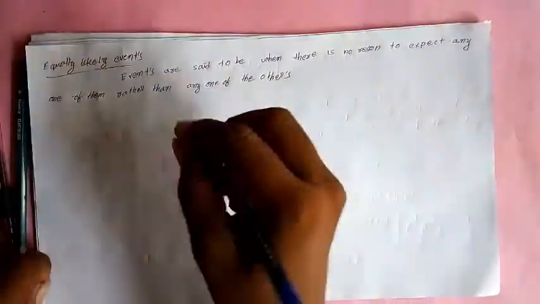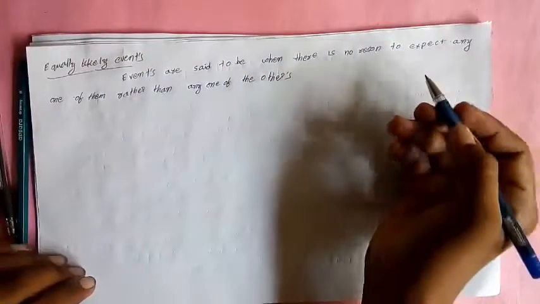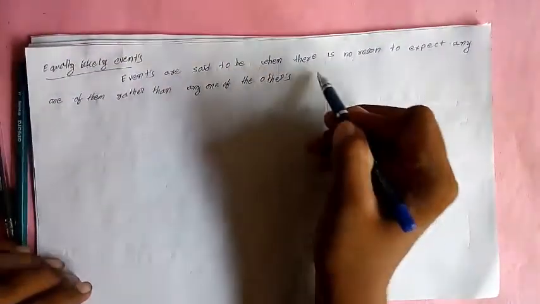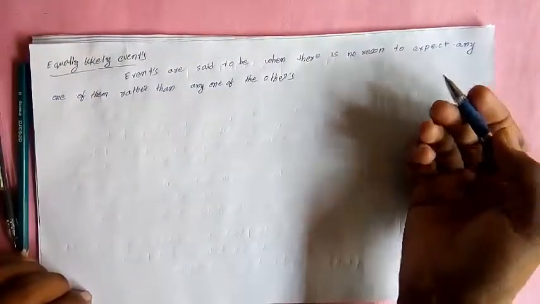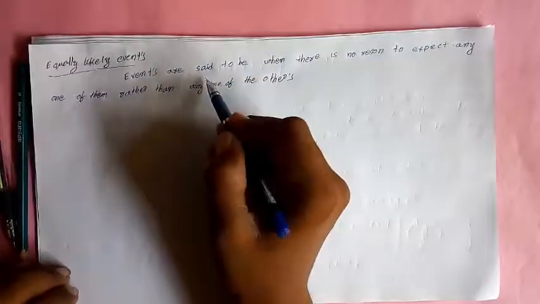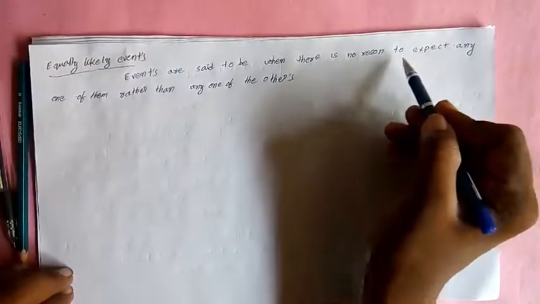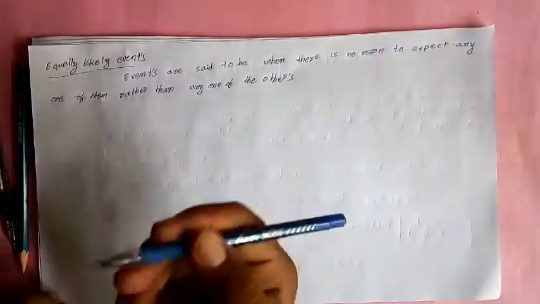This is the definition of equally likely events. What does the definition say? Events are said to be equally likely when there is no reason to accept any one of the events, that is, in a sample space there is no reason to accept any one of them rather than any one of the others. For better understanding, we write an example.